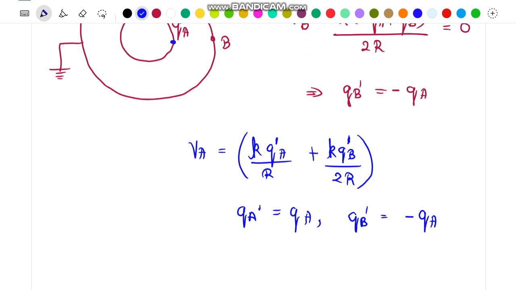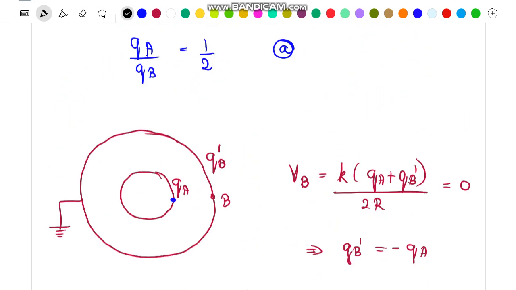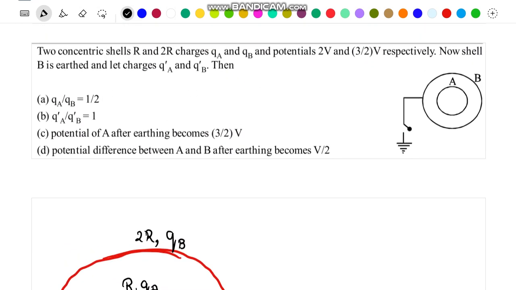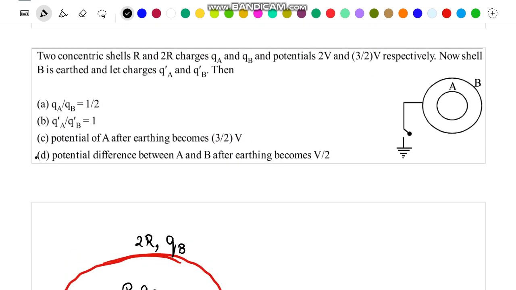So from all these three equations that we have already generated, we can finally find VA minus VB, which comes out to be equal to V by 2, and this matches with our option D. This is our final desired result. So there are two correct options for this problem, option A as well as option D. Thank you.